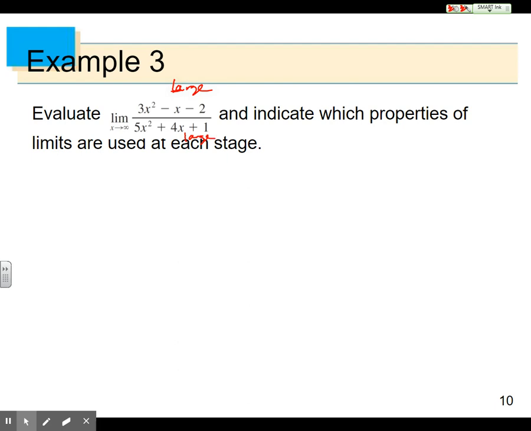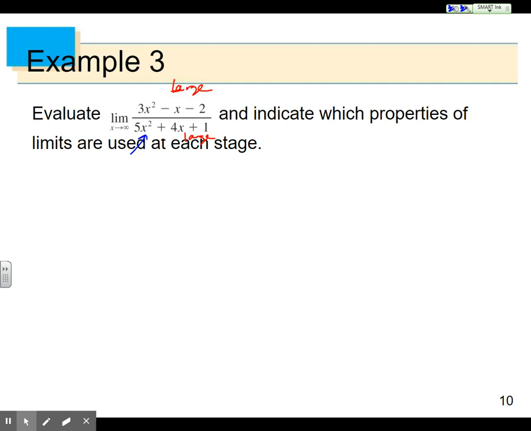They both get really large. So if I'm dealing with a rational function, in order to deal with the fact that I have pretty much infinity over infinity, or something really large divided by something really large, what I can do is divide everything by the highest power that I see in the denominator.